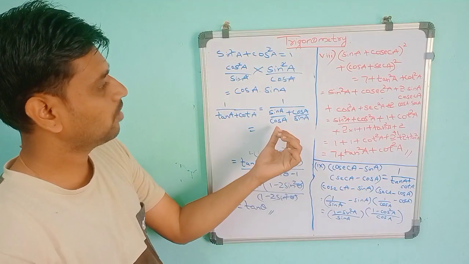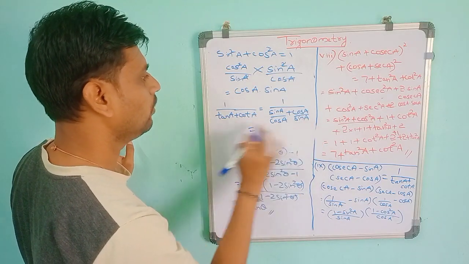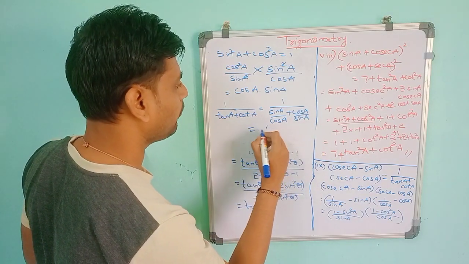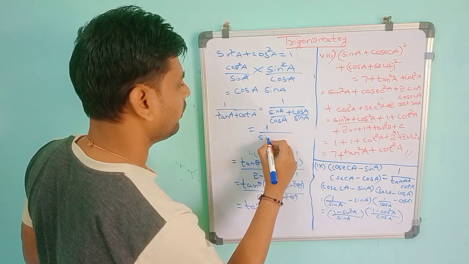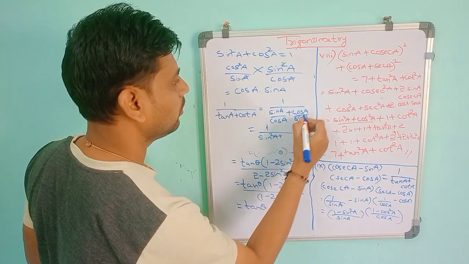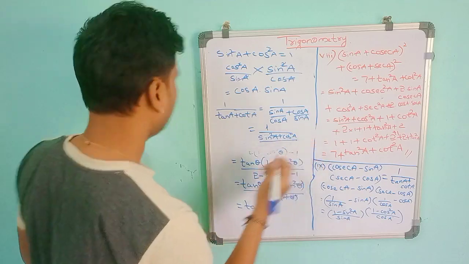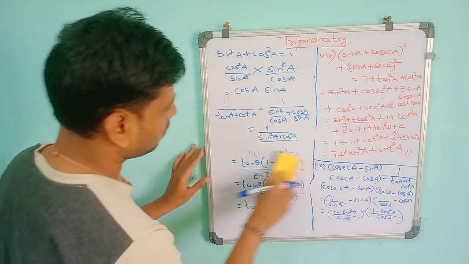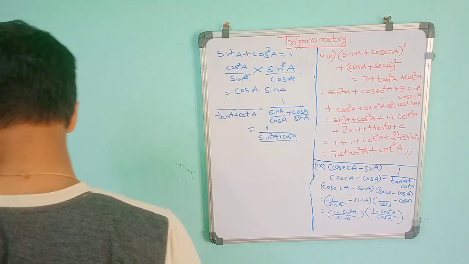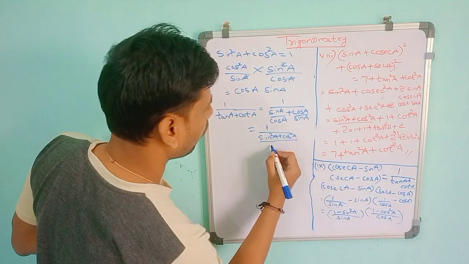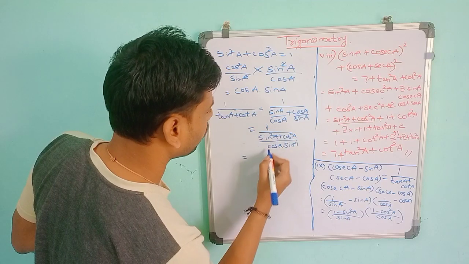If you take the LCM of cos A and sin A, because cos is here and sin is here, it will be 1 by sin square A plus cos square A, whole divided by cos A into sin A. This will go upside because it is downside.